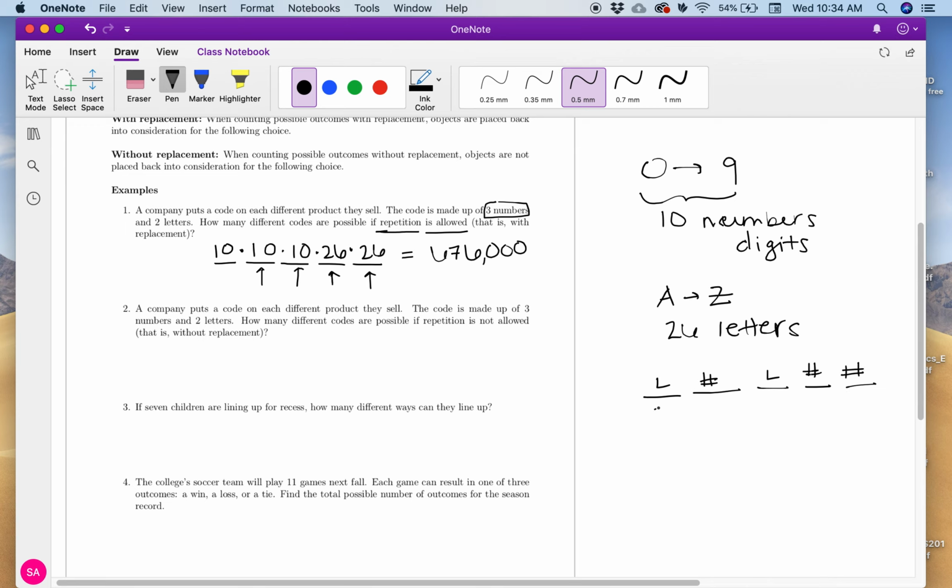And remember, if it's a letter, there's 26 choices. If it's a number, there's 10 choices. No matter what, if you multiply these numbers together, we're going to get the same exact value. So you don't have to worry right now about the order. The whole point is just multiplying all the numbers together. Okay.